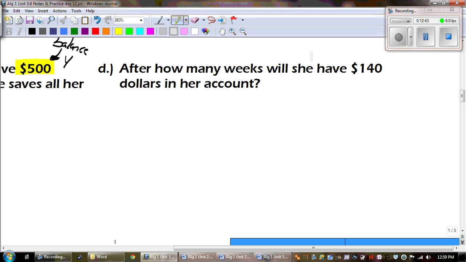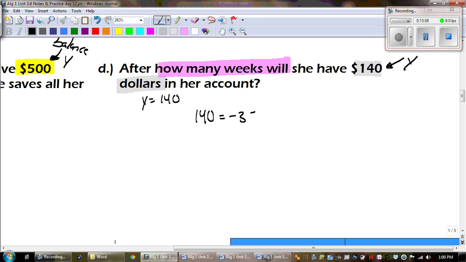Okay, next one, after how many weeks will she have $140 in her account? So I don't know the weeks, but we do know how much money she has. So we know the y, we just don't know the x. So y equals 140. We would set up our equation, 140 equals negative 35x plus 245.